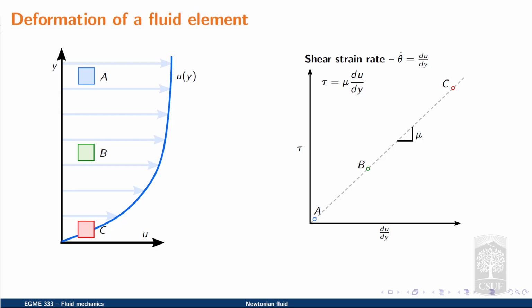So any fluids that experience this linear relationship between shear stress and shear strain rate are fluids that follow Newton's law of viscosity, which we often refer to as Newtonian fluid, where the slope of the curve corresponds to the dynamic viscosity of the fluid.